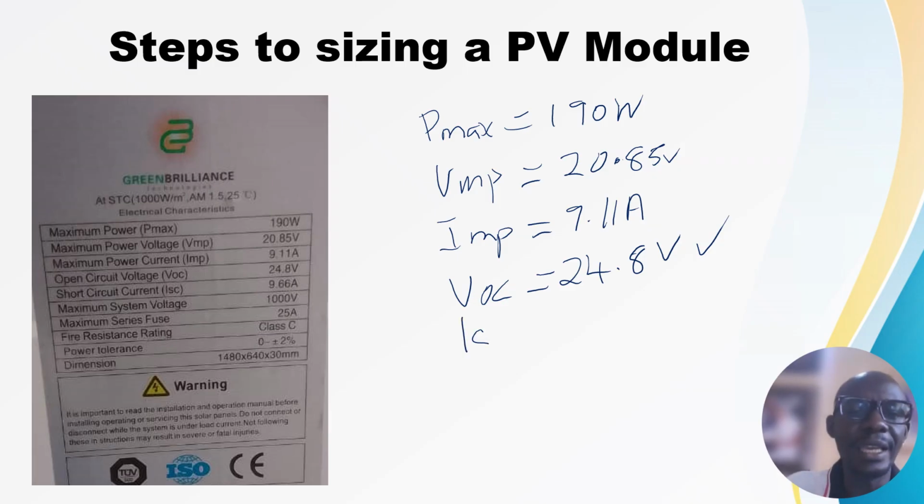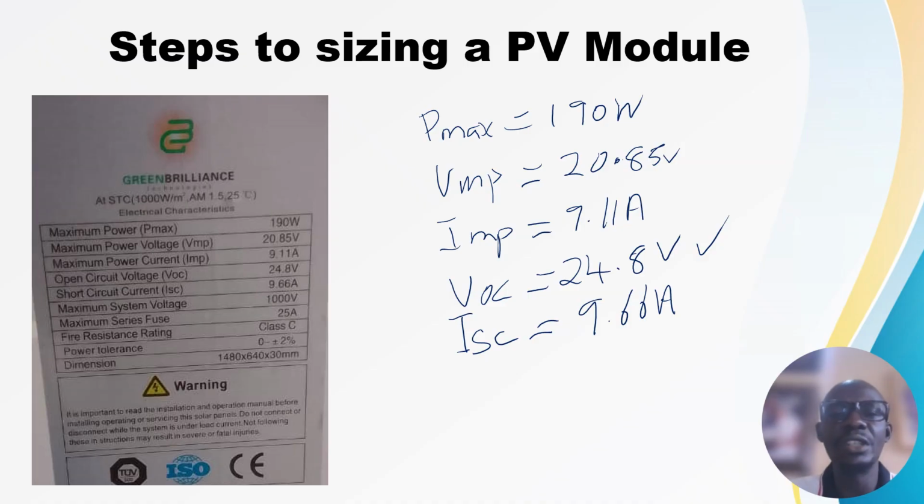Then the ISC, which is 9.66A, means short circuit current. If you have your clamp meter, and you connect positive and negative together, are you getting it? If you bring it together and use your clamp meter around the cable, this is the maximum current that is allowed to flow.